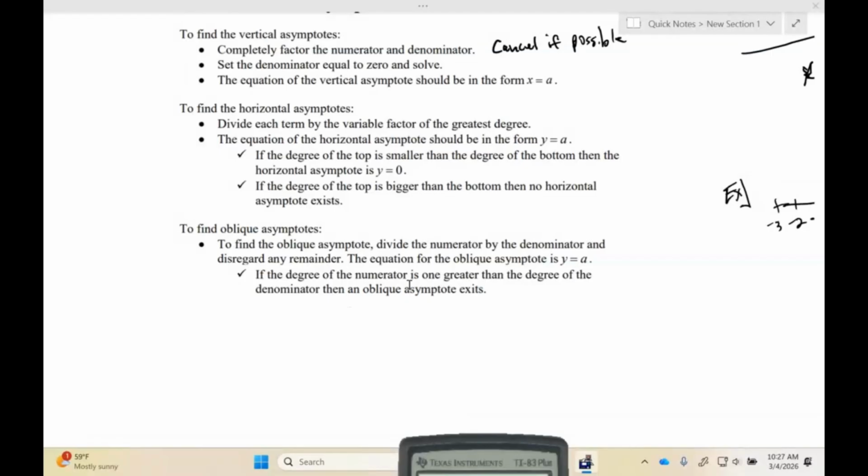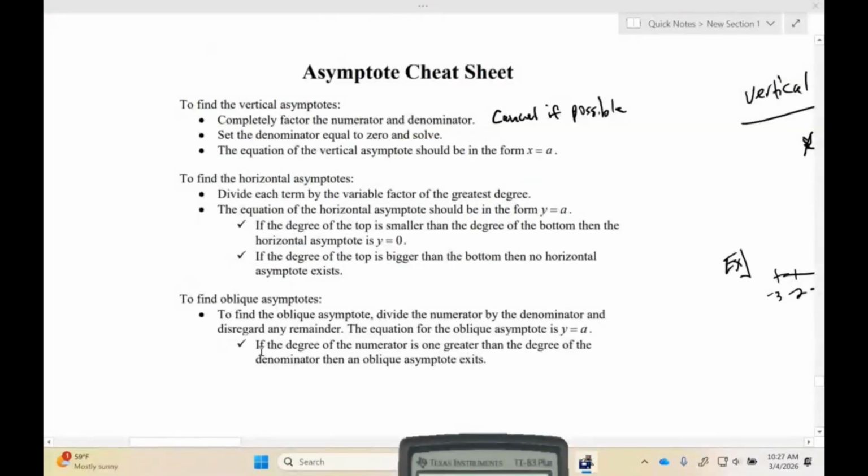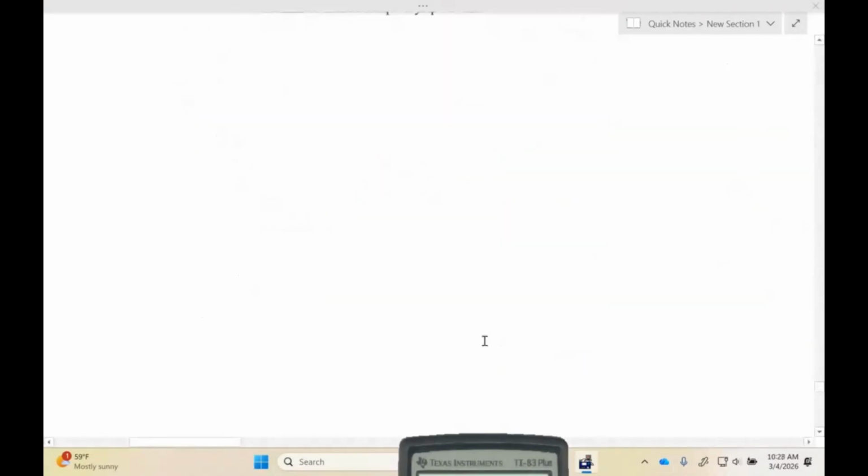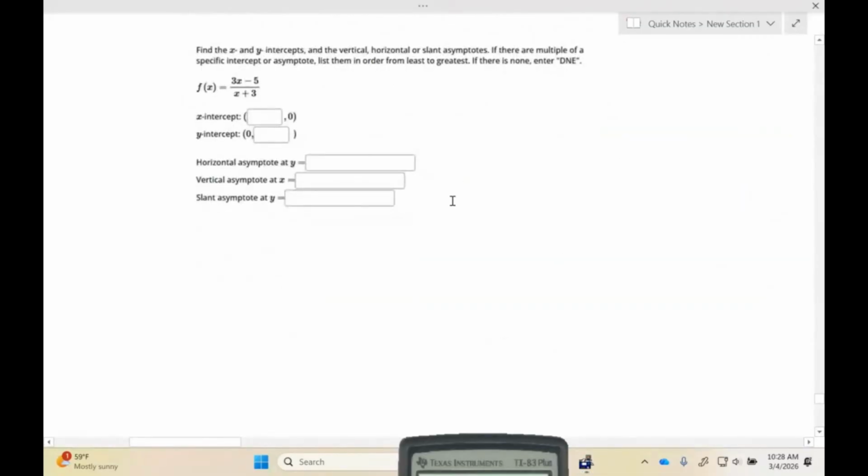So the degree of the top has to be 1 degree greater than the degree for the bottom. If not, then there's no oblique asymptote. So just notice these last two have checkpoints, but the first one is just the steps to find the asymptote. All right, so let's take a look at an example.